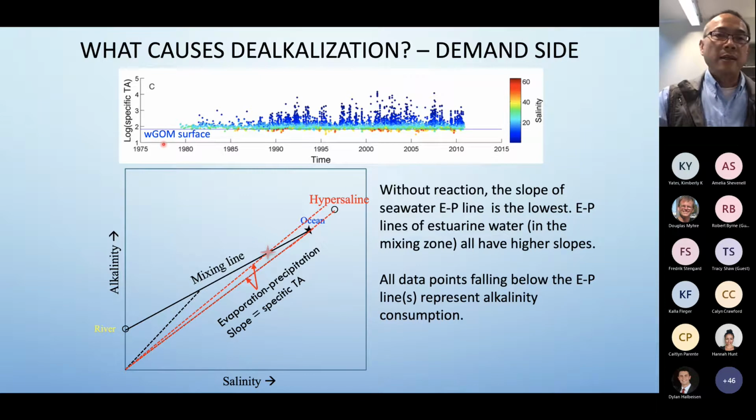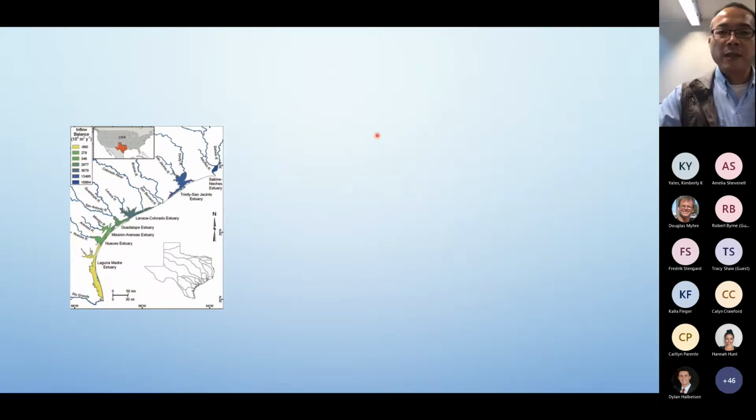You can see the y-axis shows the log value of the specific alkalinity, and the horizontal line represents Western Gulf of Mexico surface water. You can see in a lot of cases, when salinity is high, there is a significant decrease of the specific alkalinity, or alkalinity to salinity ratios, that indicates consumption.